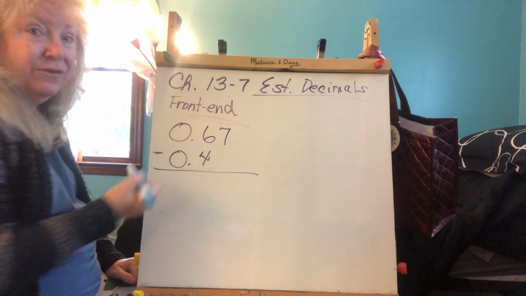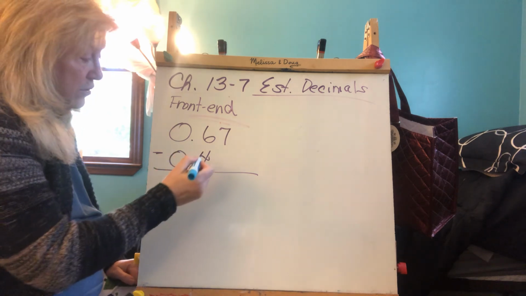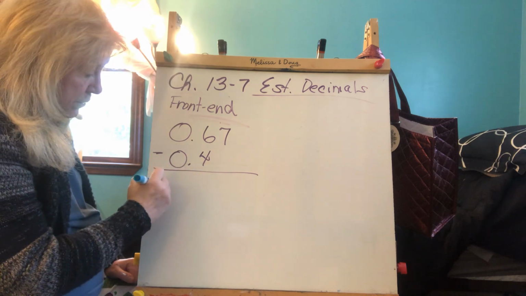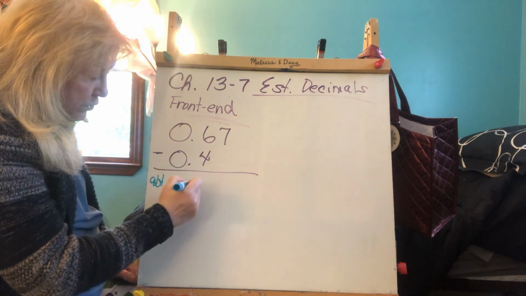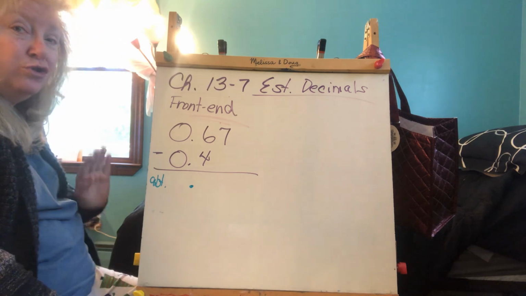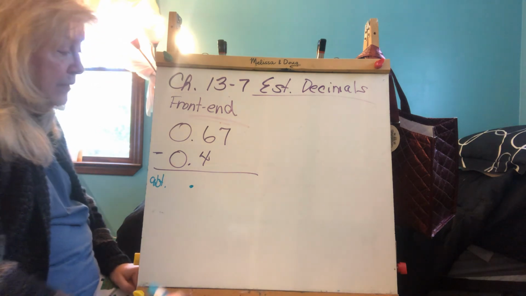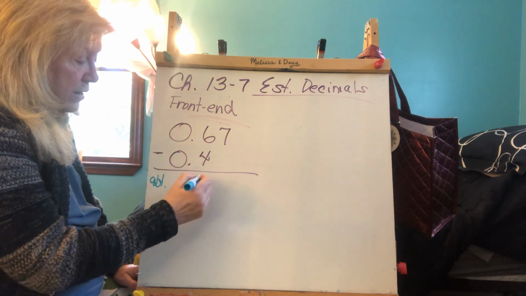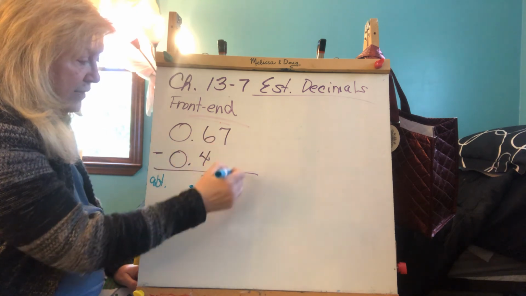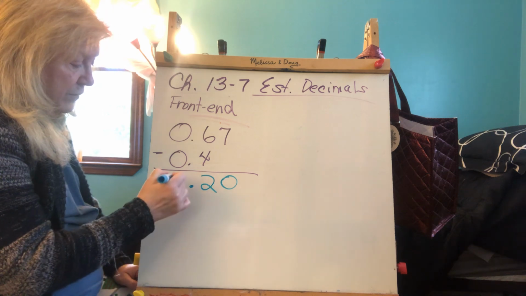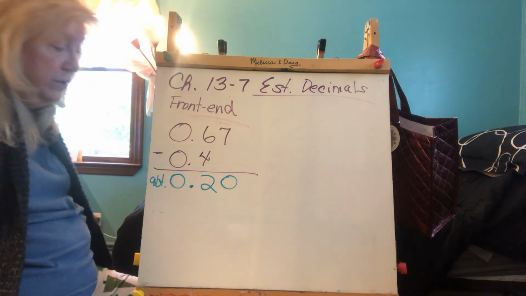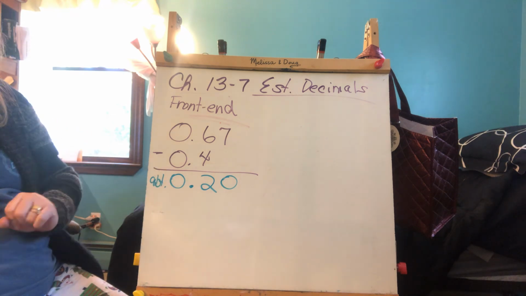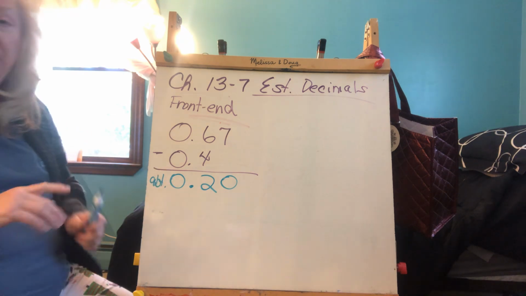These are zeros, so that's not what I'm going to subtract in this case. I'm going to put my about in my answer. I am going to put my decimal point in my answer because those are two important things that I do not want to forget. Now I'm going to do 6 minus 4, and that's 2. Then everything else becomes a 0, and we always put our 0 for whole numbers in there. So this is about 20/100. Alrighty, that's it.